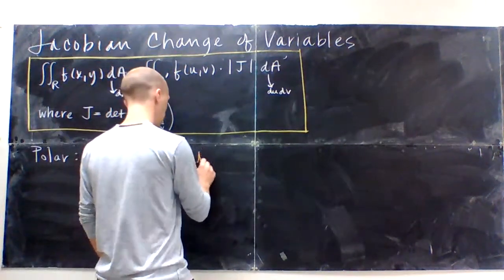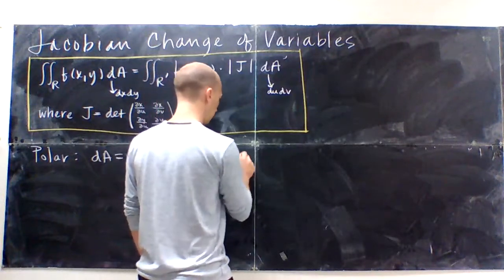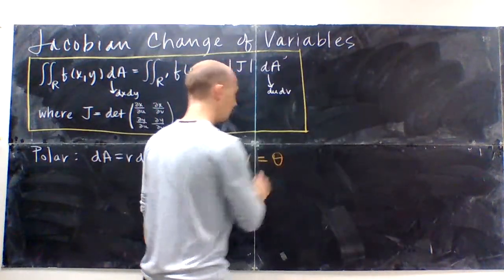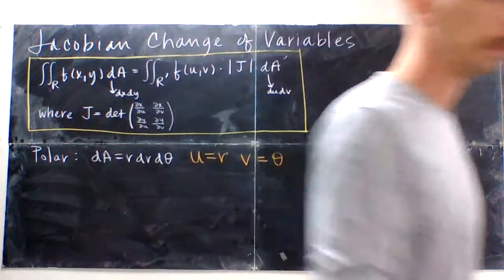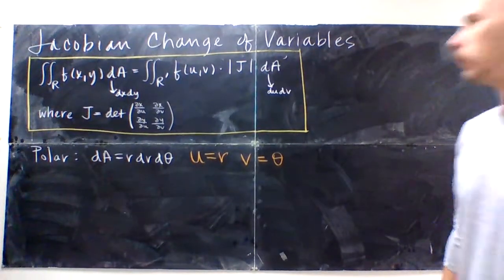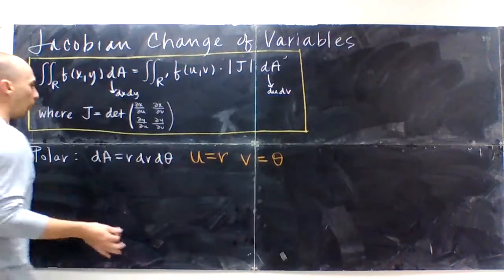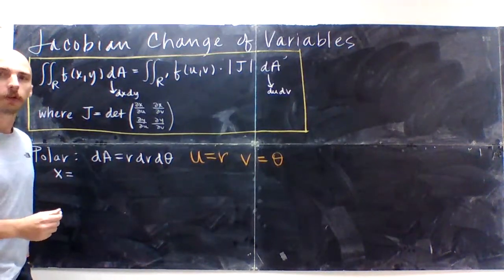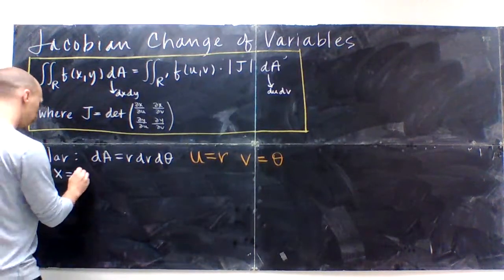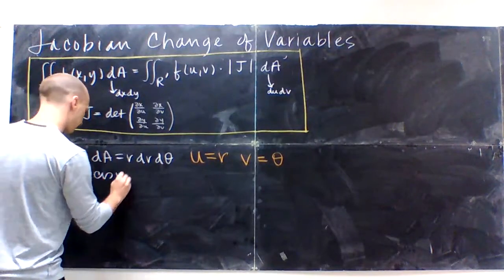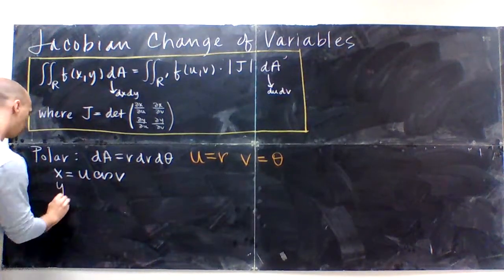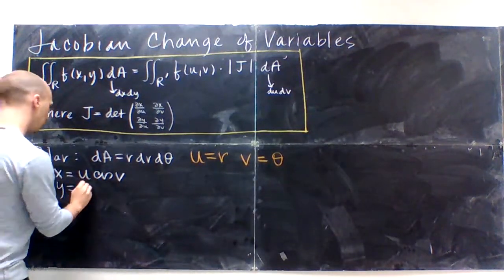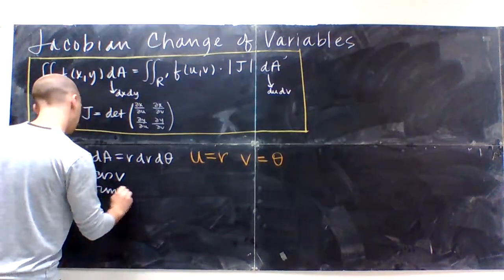So u is r, v is theta. And then I'll go back and change it at the end. So, what are my formulas for x and y? X equals r cosine theta, so it'll be u cosine v. And y is r sine theta, so that'll be u times the sine of v.